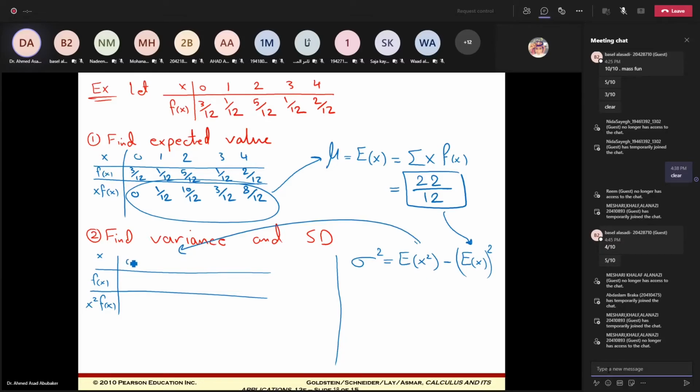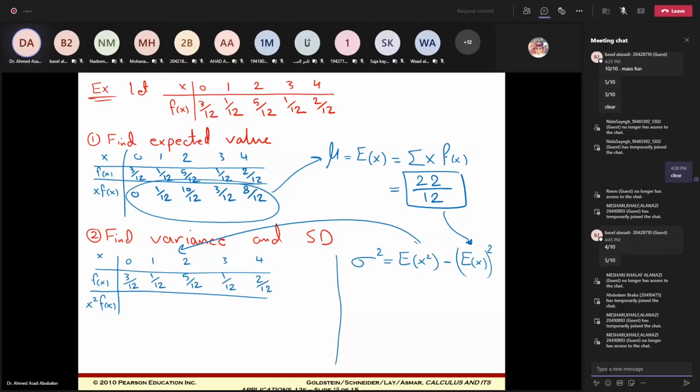So we have x as 0, 1, 2, 3, 4, and f of x as 3 over 12, 1 over 12, 5 over 12, 1 over 12, 2 over 12.